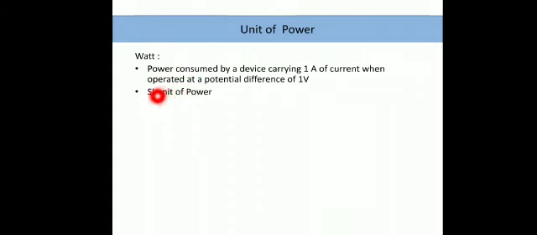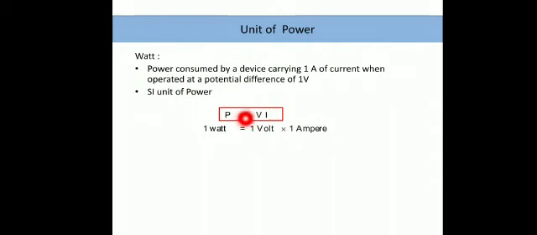Okay, like Newton, we use watt for power almost every time, but we'll come to this. So power is equal to nothing but voltage into current, that we have seen in the previous class.